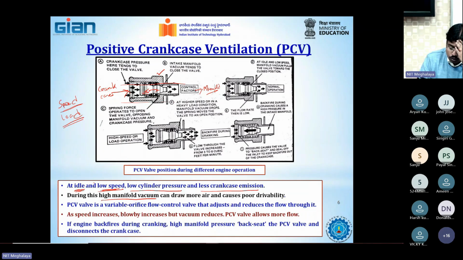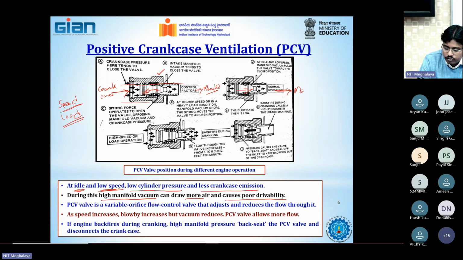If you connect this hose, it will draw more air and cause poor drivability. So in this condition, when there is very high vacuum, this bob moves towards the right hand side, because this side is the manifold side.